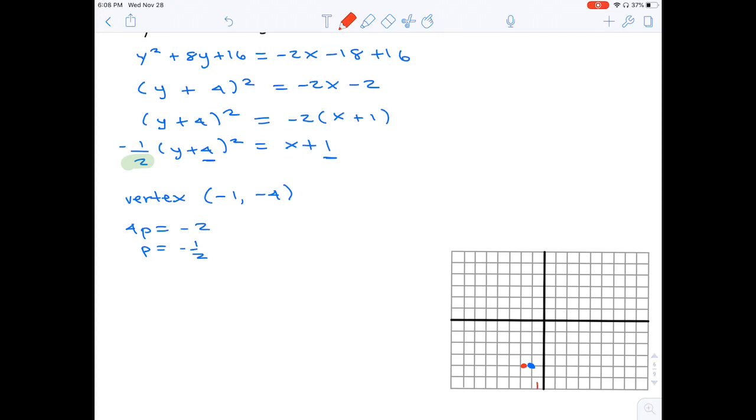I am having trouble writing. There we are. Okay, we've got our stuff, so it's time to graph our function. So I'm going to make a coordinate grid going through my vertex.